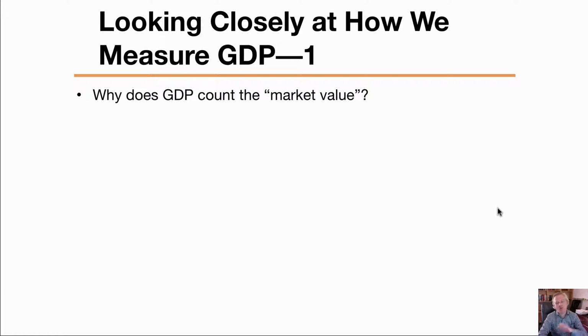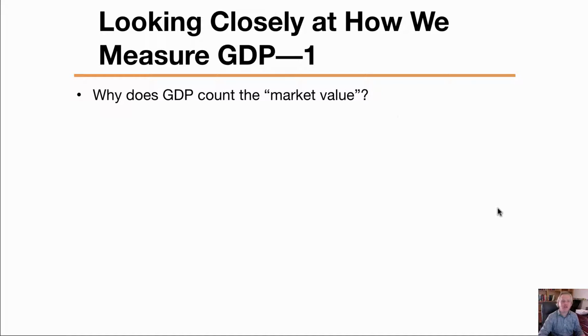So GDP, we said, counts the market value of all of the final sales of goods and services. Why do we use the market value, the value of the item as it sells at market, as opposed to some other measure?